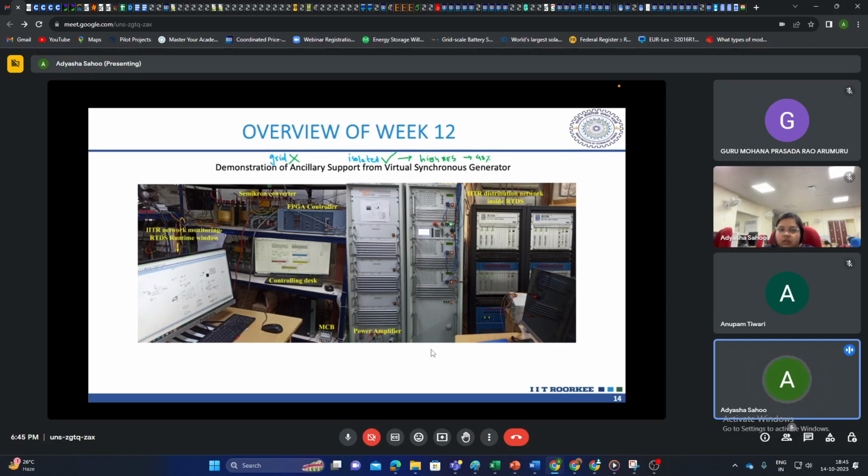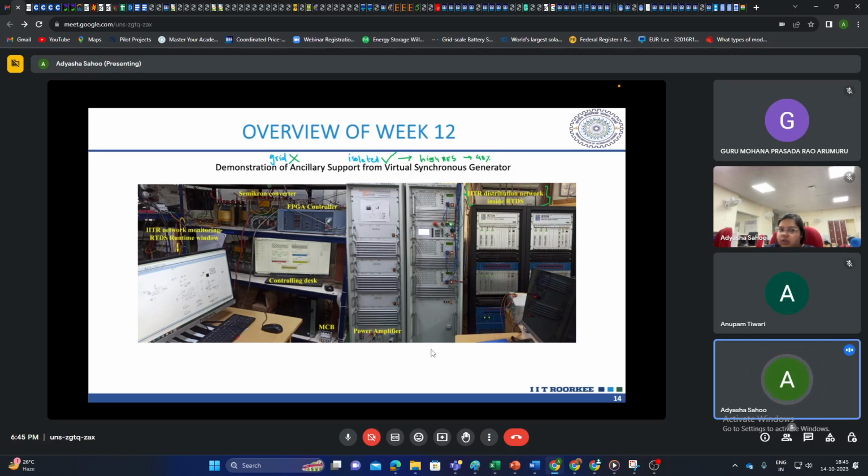So here, in the RTDS, we are basically running this campus network, the IIT Roorkee campus network. Then in the FPGA based controller, we have the control algorithm that is being run.